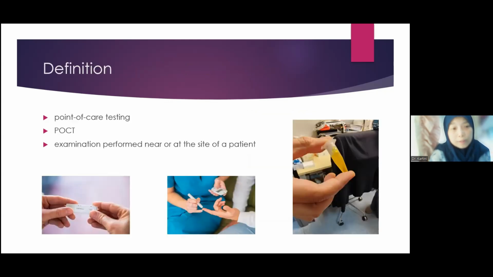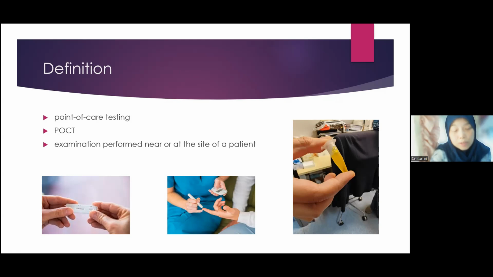So the definition given by the MS ISO 15189 or international standards, which is the ISO 15189 for medical laboratory standards, they define POCT as point-of-care testing, and this is defined as examination performed near or at the site of a patient.